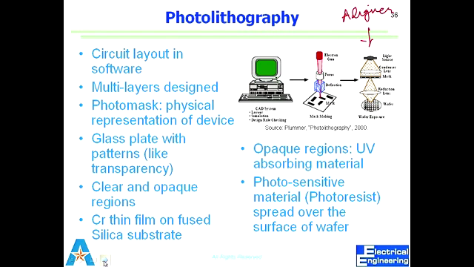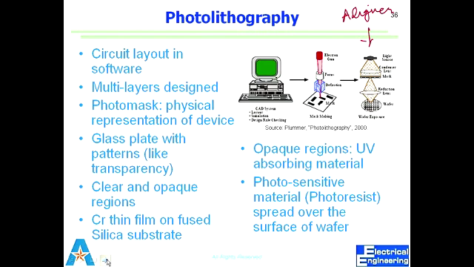It results in exactly the same way. So light shines, and it results in changes on that photoresist material in certain places. After shining the light, we dip the wafer into a solution called developer, and that results in that pattern. So photoresist is spread over the whole wafer.